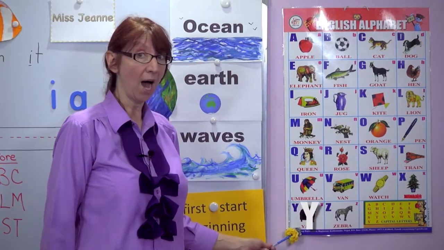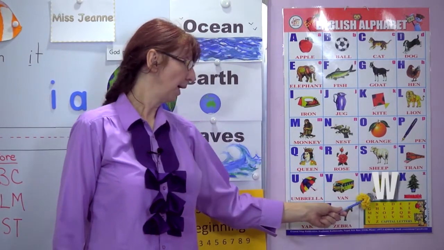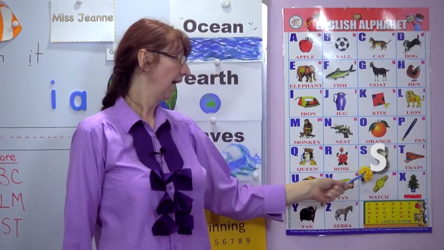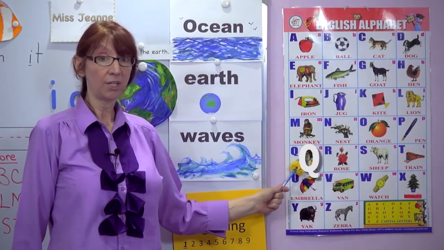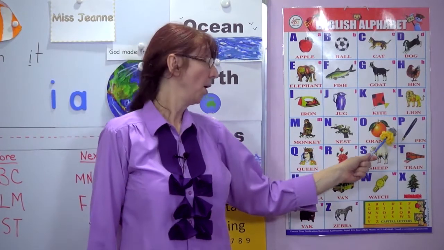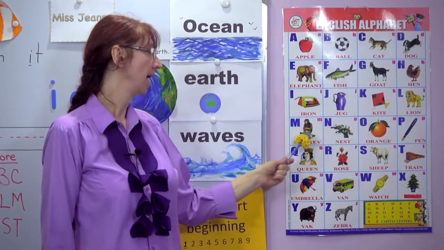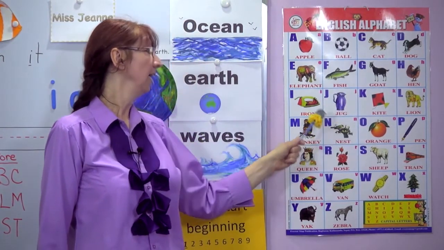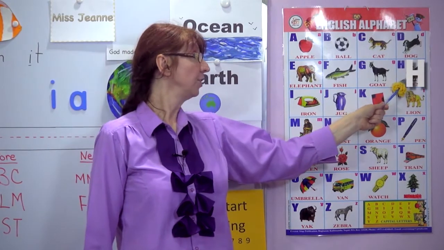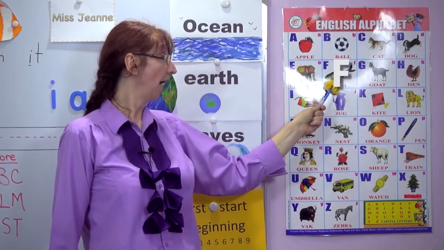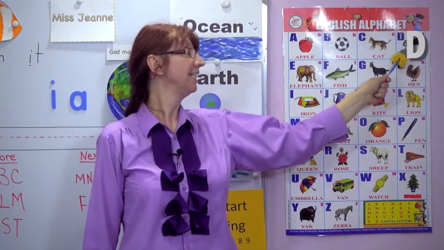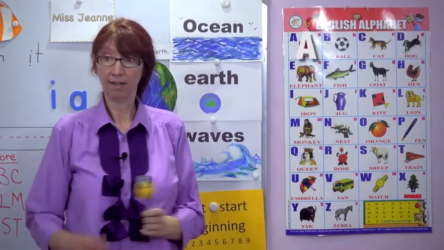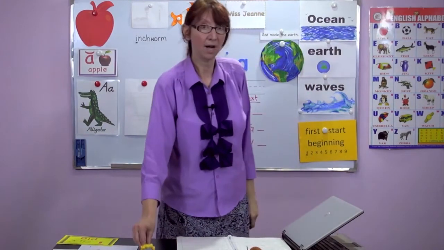Z, Y, X, W, V, U, T, S, R, Q, P, O, N, M, L, K, J, I, H, G, F, E, D, C, B, A. Now we did it backwards and you did fine.